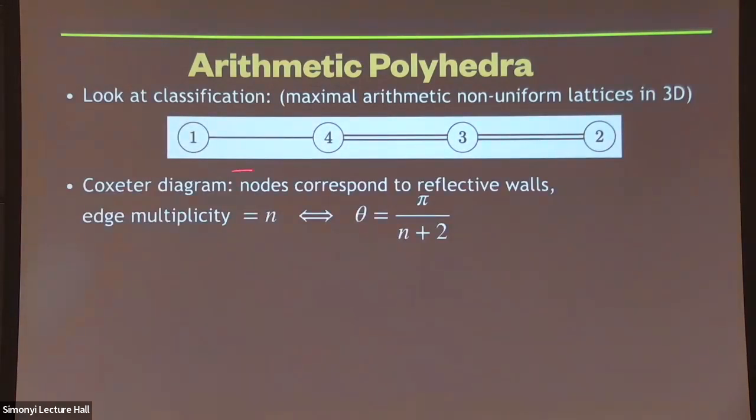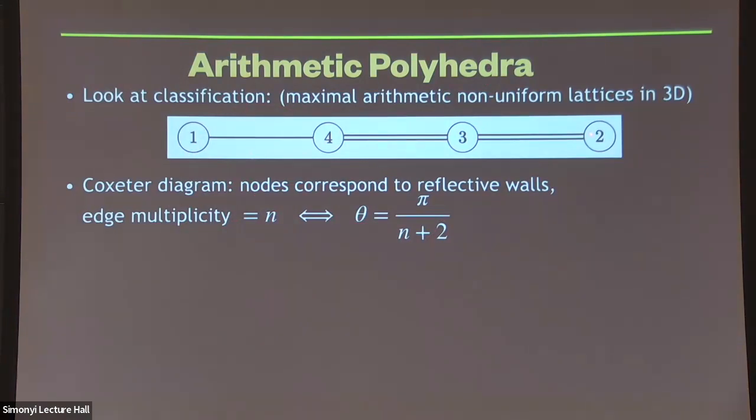So here's how to read these diagrams if you're not used to it. The nodes correspond to the walls that you're going to reflect across, and the edges connect two walls with multiplicity n if the dihedral angle at which those two walls meet is pi over n plus 2. That's just the standard way of doing this.